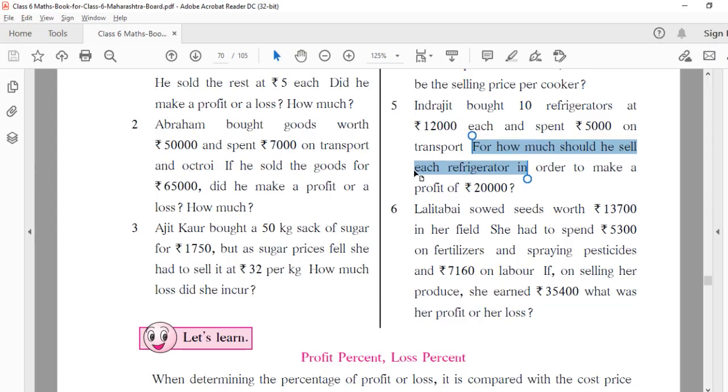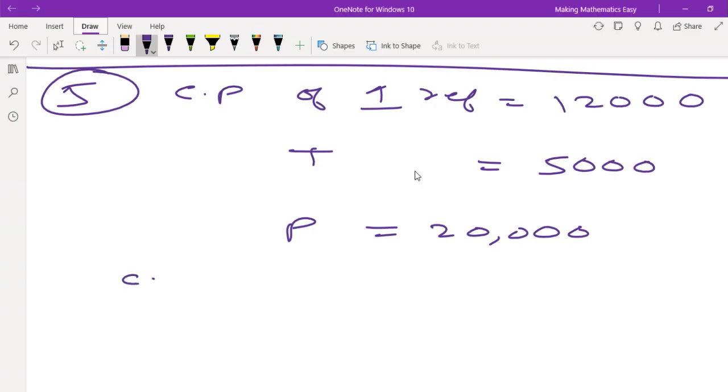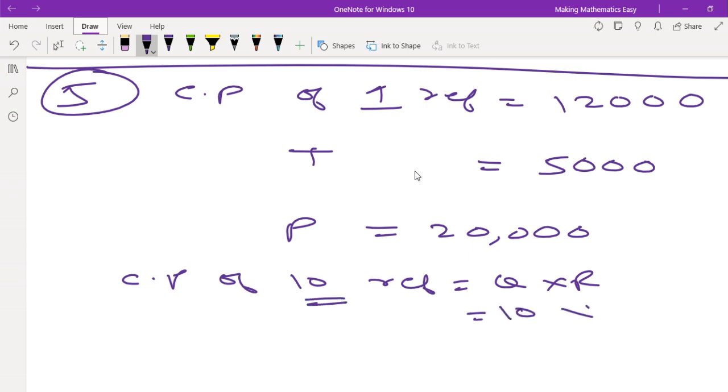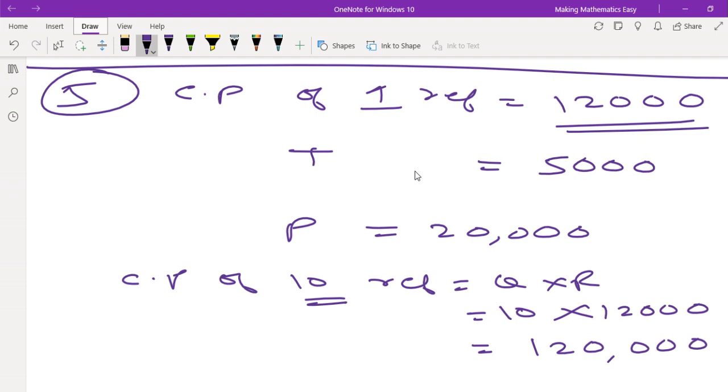So he has bought 10 refrigerators. Let's first find out the cost price of 10 refrigerators, which will be quantity into rate. Quantity is 10, and rate, the cost of one, is 12,000 rupees per refrigerator. If you multiply this, it will come to 1,20,000 rupees.